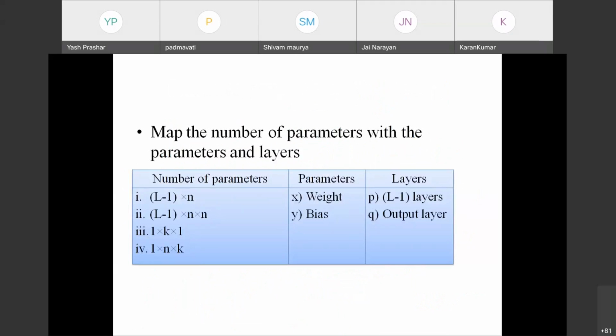Go through this. You all can note down this and try to solve it.